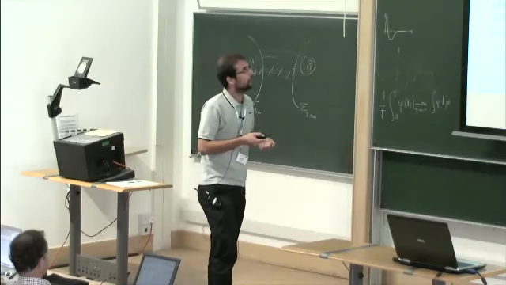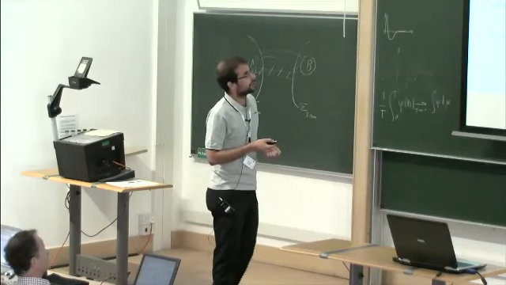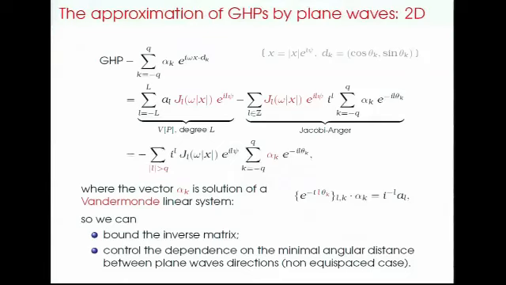And this is possible if the alpha k are the solution of a linear system given by this matrix. Since this matrix is a Vandermonde matrix, it is always invertible, and we can give a nice bound on the norm of the inverse of this matrix.